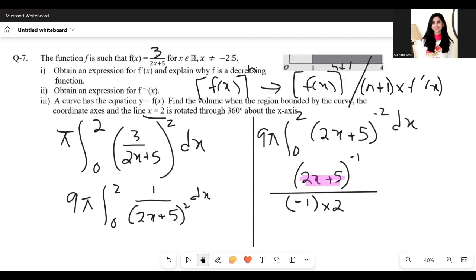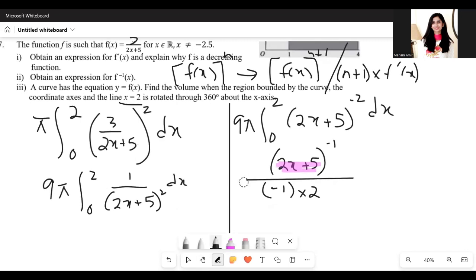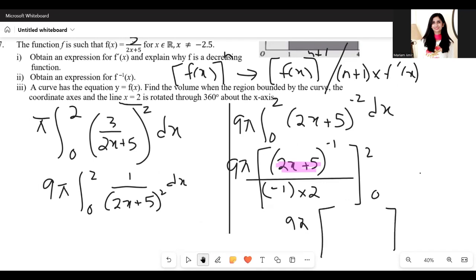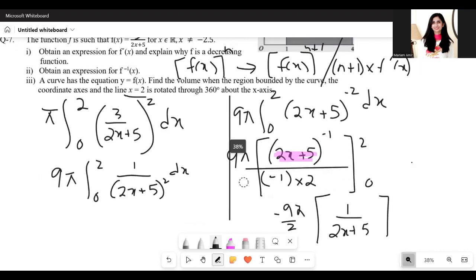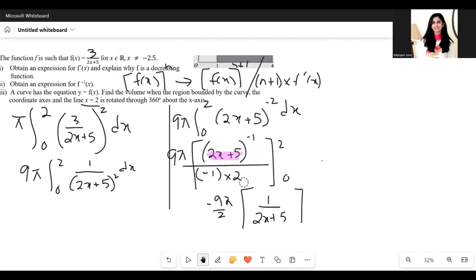So after simplifying, and also there is 9 pi outside, here we plug in the limits, which are 2 and 0. So we have 9 pi, and we have minus 2 in the denominator. I'm bringing that out. That becomes minus 9 upon 2 here, and I am bringing the bracket back to the denominator so that the power becomes 1. So I have minus 9 pi by 2 and 1 upon 2x plus 5.